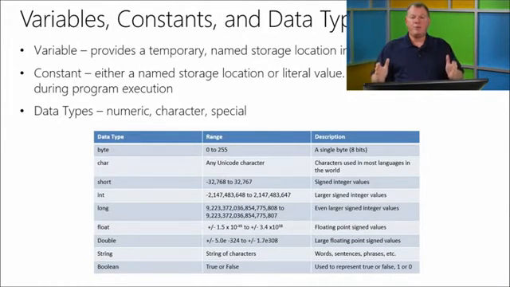You don't want to have to remember those when you're coding. So what we do is we create named storage locations that we refer to in our code that will then be directly mapped to these memory locations. The compiler and the computer take care of that. You don't have to worry about that mapping. All you need to worry about is that I created a named storage location. That's how I'll access that data to either write to it or read it in my program itself.